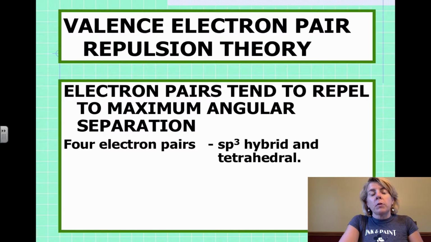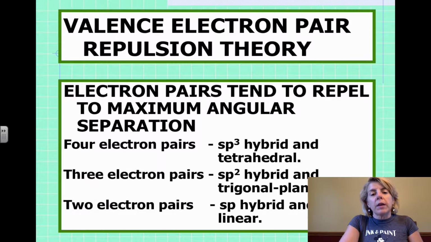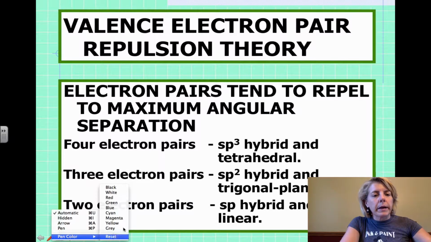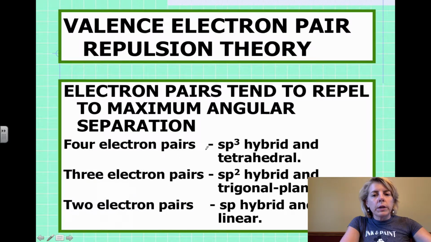So there's three different types of sharing that we witness with covalent bonds. So we could have 4 electron pairs, and these electron pairs are essentially shared between a number of atoms, and they form what we call a tetrahedral. So we will look at shapes of molecules in this section of the chapter.